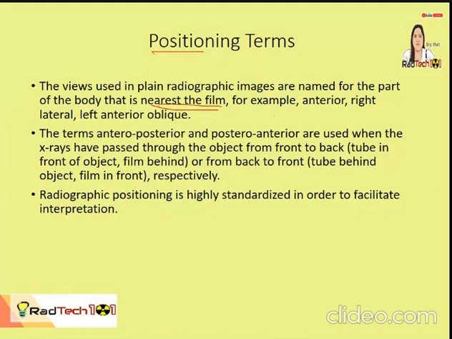For example, anterior, right lateral, left anterior oblique, which we have discussed a while ago. So, na-discuss na rin natin yung AP and PA, which are projections. Radiographic positioning is highly standardized, to facilitate correct interpretation. So, dapat yung mga radtech nagkakaintindihan kapag naggamit tayo ng radiographic positioning terms.